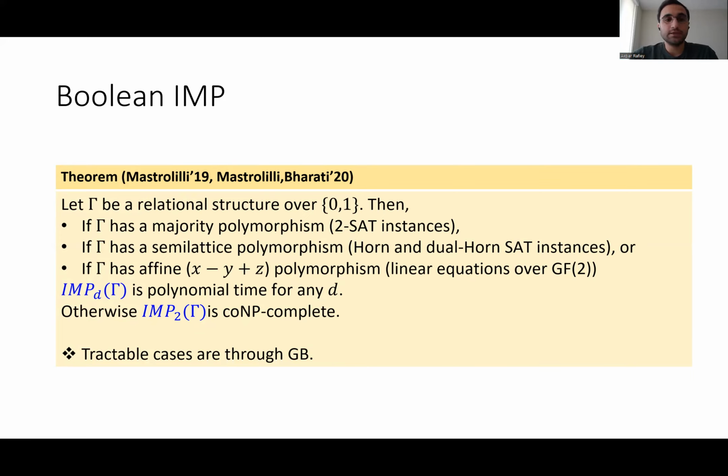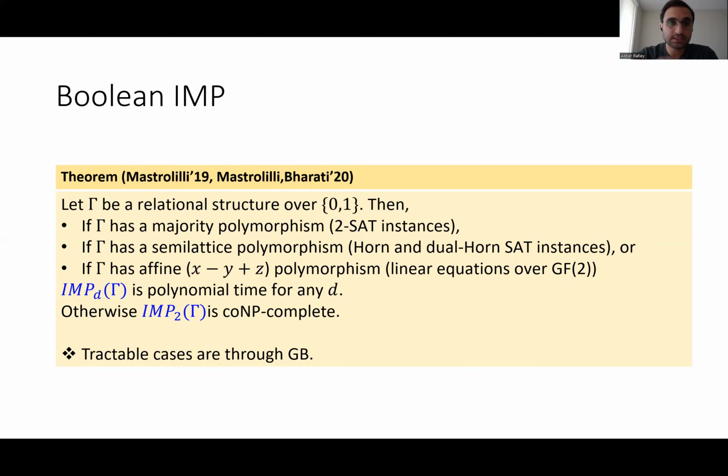It says that if the constraint language has a majority polymorphism, which is the same as saying that we are dealing with 2-SAT instances, or if the constraint language has a semi-lattice polymorphism, which is equivalent to saying we are dealing with Horn or dual Horn SAT instances, or if the constraint language has an affine polymorphism, which means we are dealing with a system of linear equations over GF(2), then IMP_d is polynomial-time solvable for every d, and the tractability is by constructing Gröbner bases.